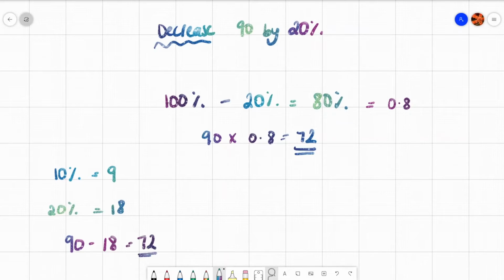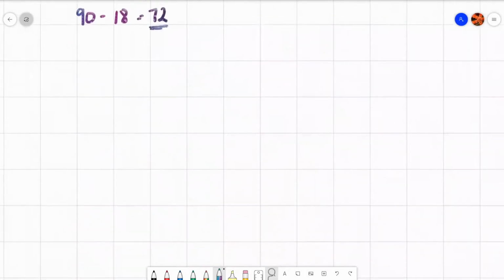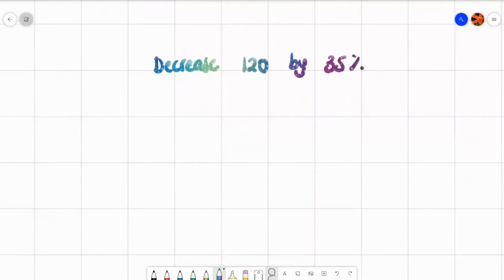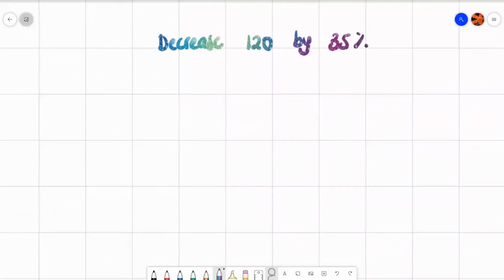Right, let's have a look at another example then. We're going to say decrease 120 by 35%. The most common method would be to work out 10%, which is 12. 30%, you have to times by 3, which is 36.